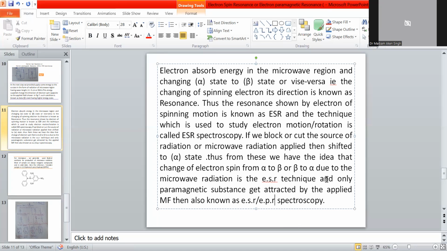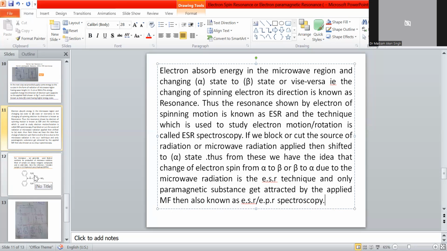From this we have the idea of alpha to beta or beta to alpha transitions due to the microwave, which is known as the ESR technique. Only paramagnetic substances or species get attracted by the applied magnetic field produced by the ESR, and this is also known as EPR, where E means electron paramagnetic resonance spectroscopy. Here the paramagnetic substance gets attracted by the ESR chamber.